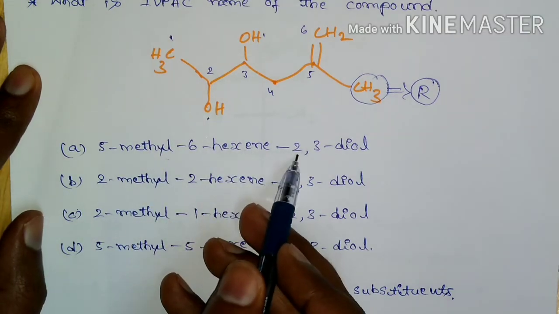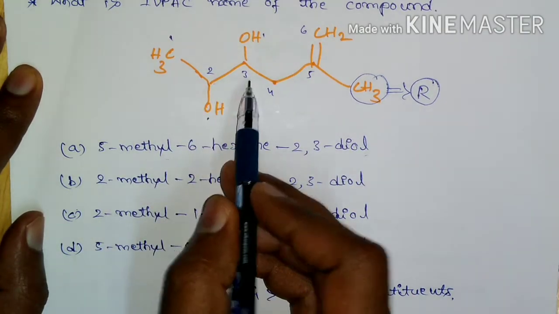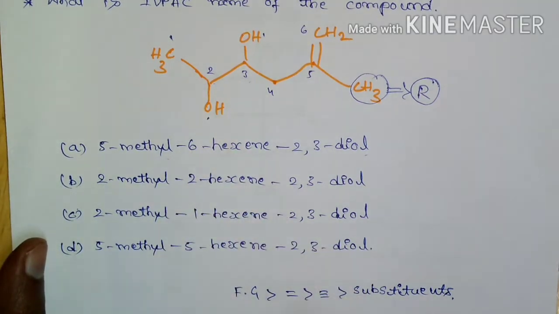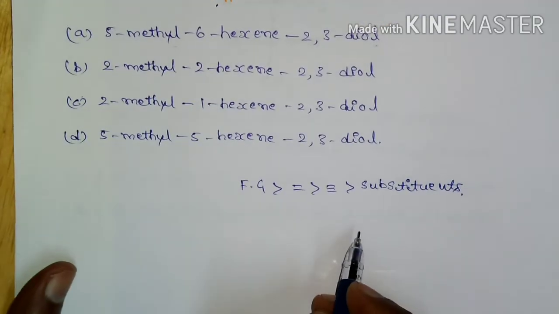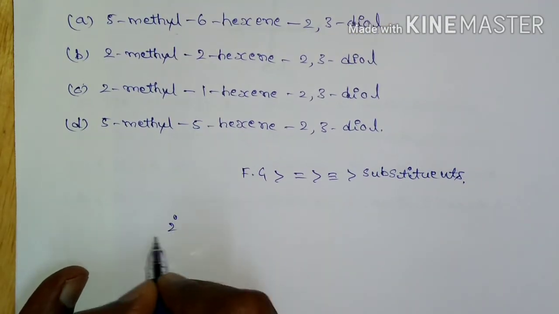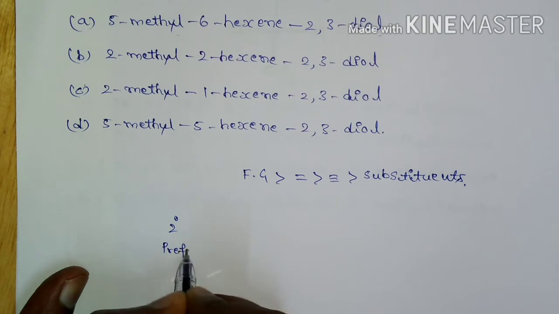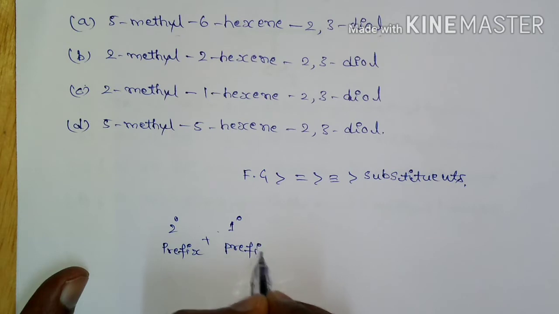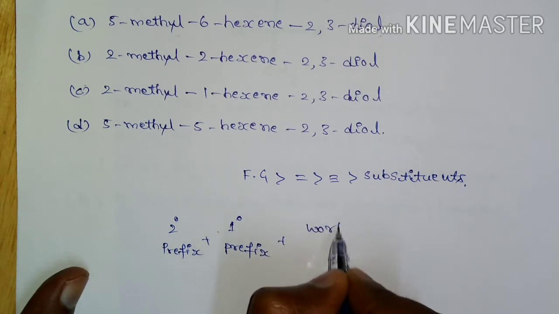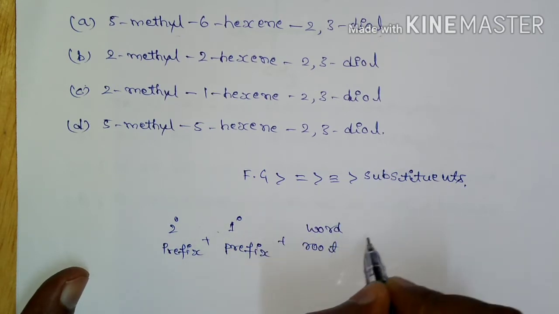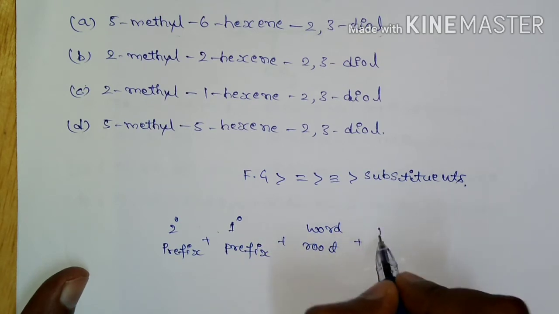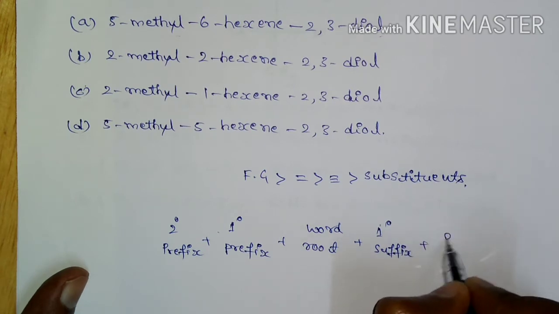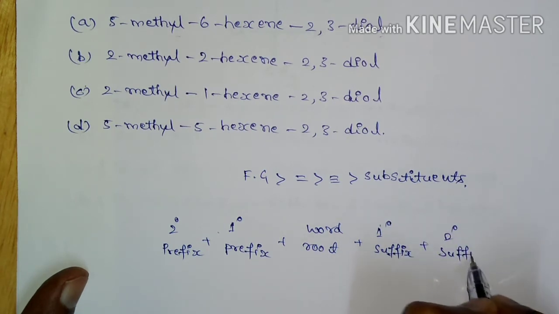5-methyl 6-hexene 2,3-diol. 2,3, there are 2 hydroxy groups, and functional group, it is a secondary suffix. So if I write the formula, that is secondary prefix plus primary prefix plus word root plus primary suffix plus secondary suffix.